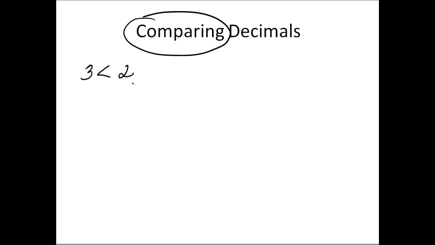The value of a place is determined by where it is in respect to the decimal point, by how far away it is from the decimal. If we have 3 decimal numbers, we can align them up with the decimal point to help us compare.